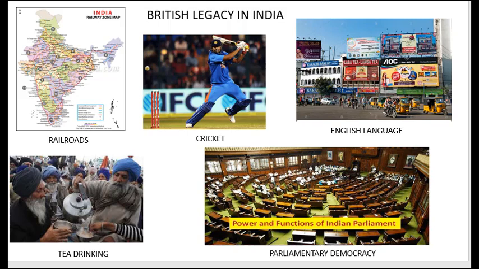And so the imperial legacy in India is not just the railroads and tea and cricket and democracy. There's the unifying English language of India. It is the language by which the Indian government rules over a country of many disparate people speaking many languages.